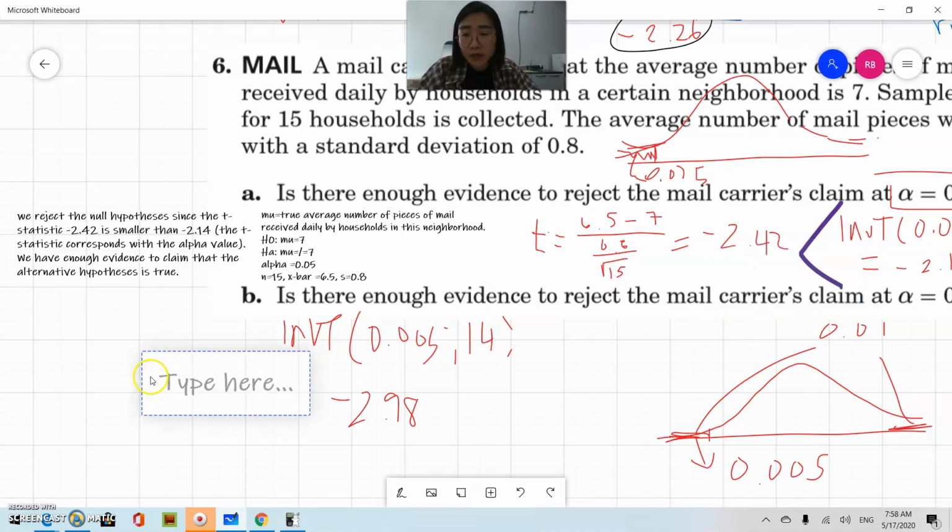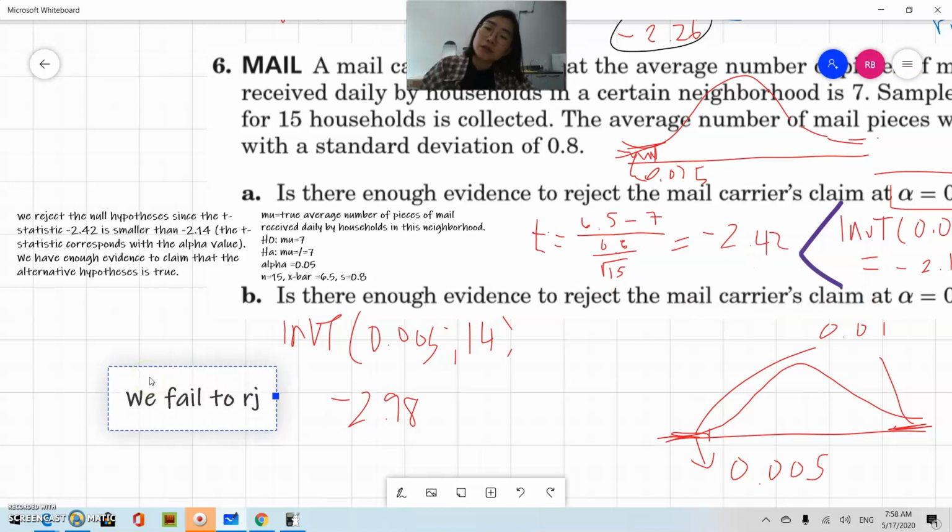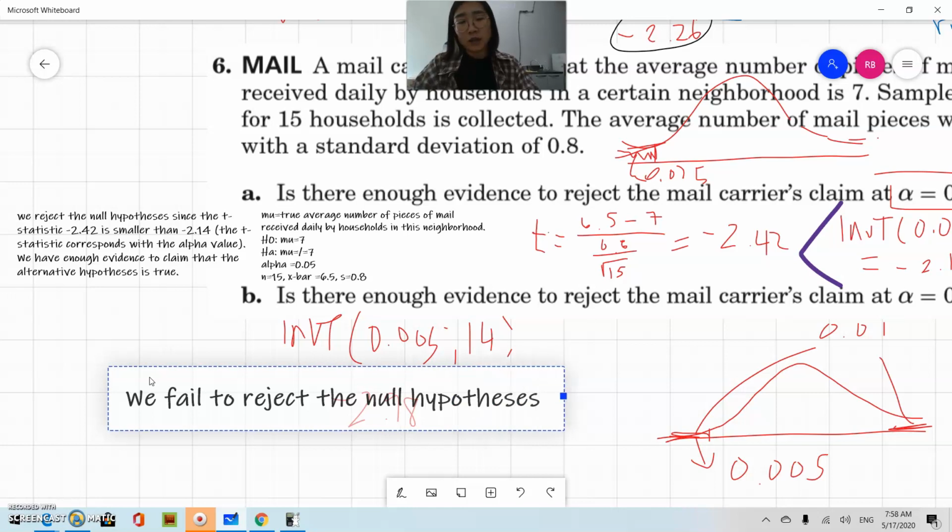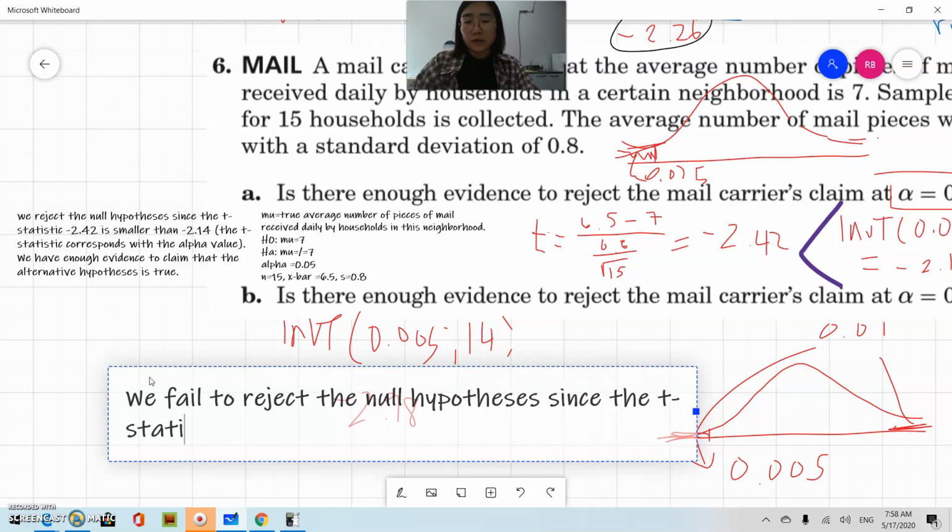So we write, we fail to reject the null hypothesis since the t statistic negative 2.42 is greater than negative 2.98.